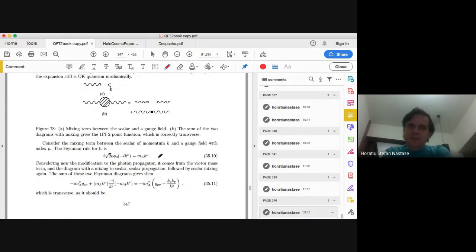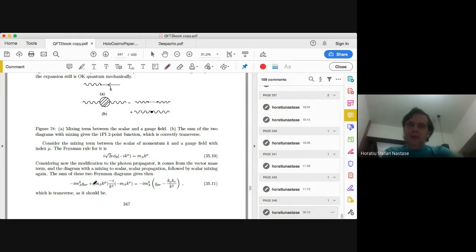So when I write this Feynman diagram, the mass term is thought of, as I said, as a vertex. So then it is minus i times M_A squared times g^{μν}, because this couples an A_μ with an A_ν.